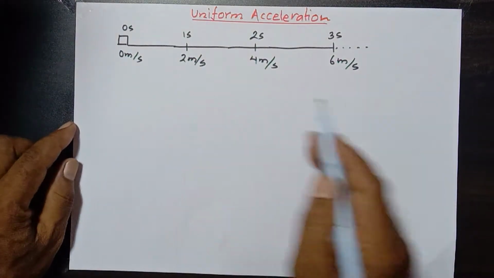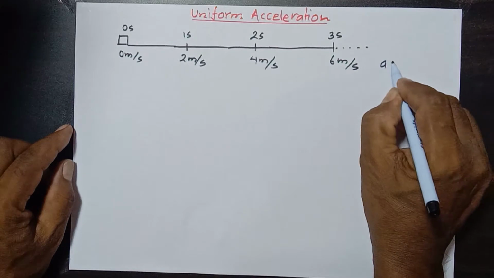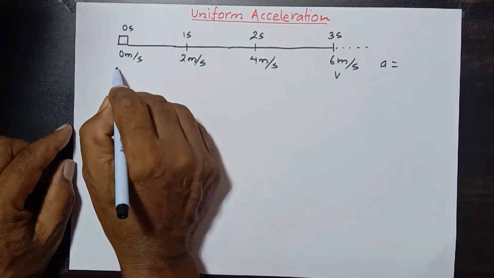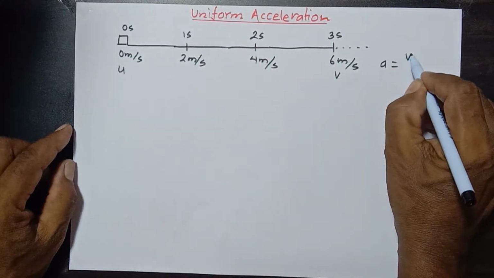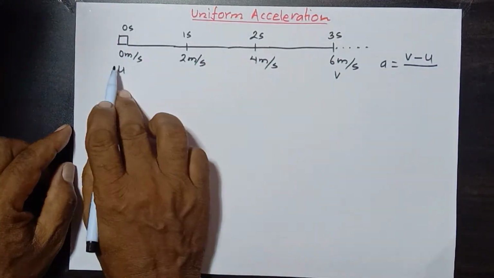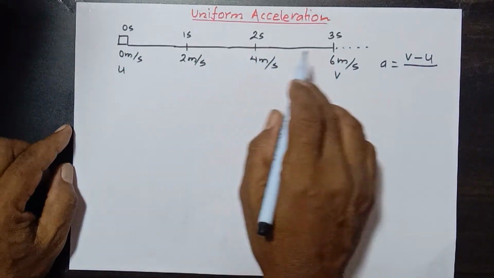And if we calculate its acceleration, then what comes? Acceleration is equal to final velocity v minus initial velocity u, divided by the time taken to go from 0 meter per second to 6 meter per second: 1 second, 2 second, 3 second.